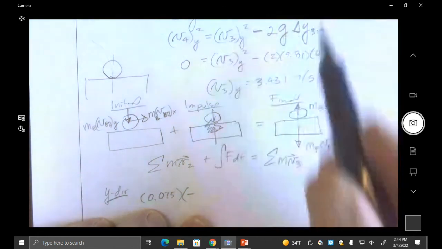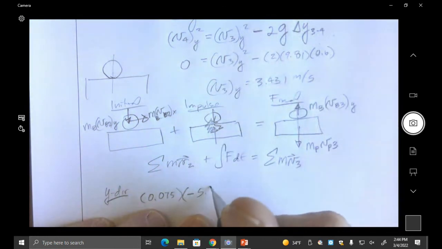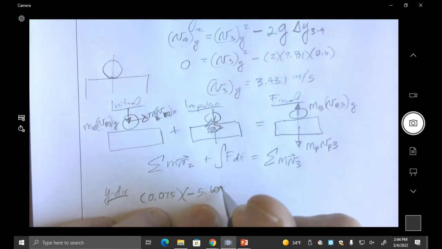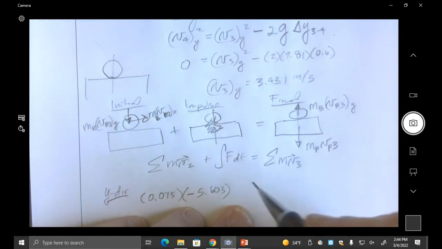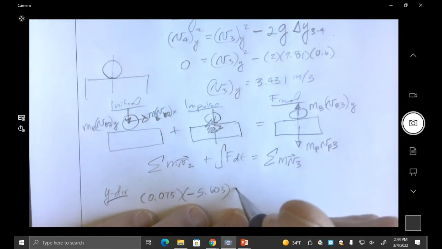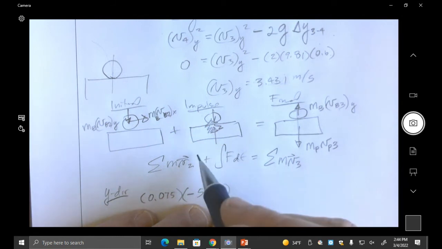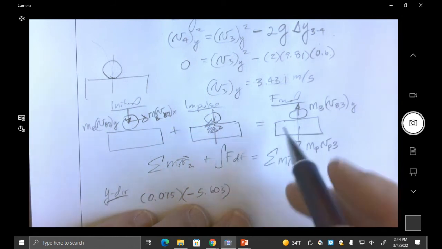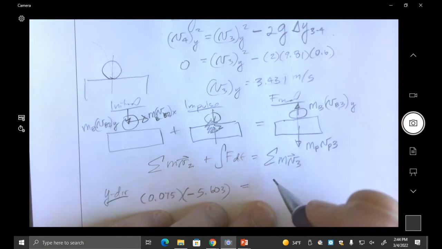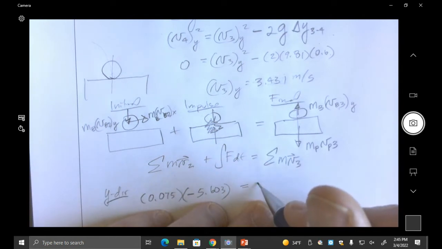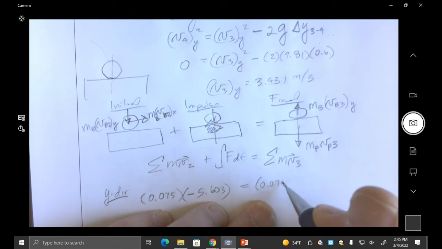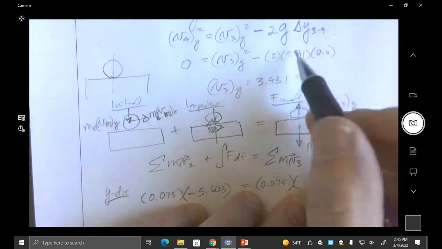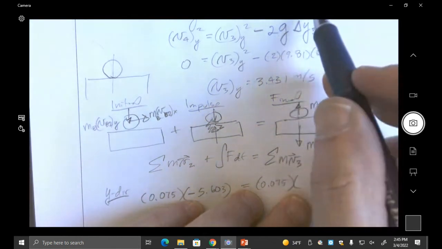This would be 2, so it's 5.603, and let's see, nothing there. Okay, so this must equal, so we're going to have positive 0.075 times our, where'd you go?